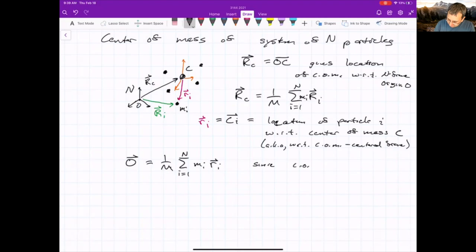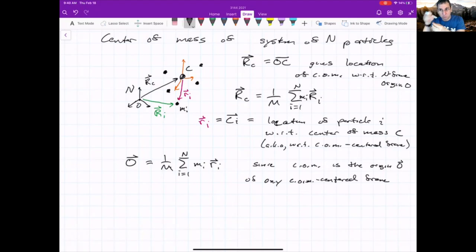Since the center of mass is the origin, or the 0 vector, of a center of mass centered frame, any center of mass centered frame, so any orientation for those orange vectors. All right, so that's just saying instead of choosing some arbitrary origin O, if I actually knew where the center of mass was and then measured where's the center of mass with respect to here, oh, what do you know? It's at the origin.